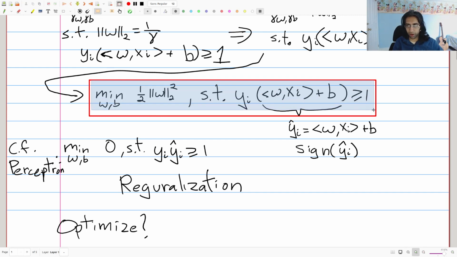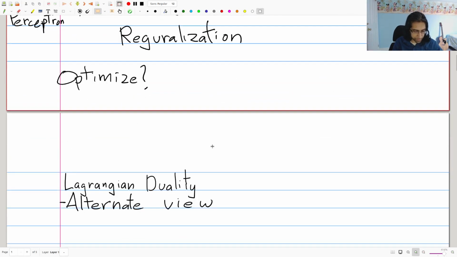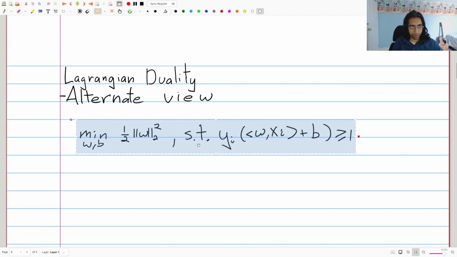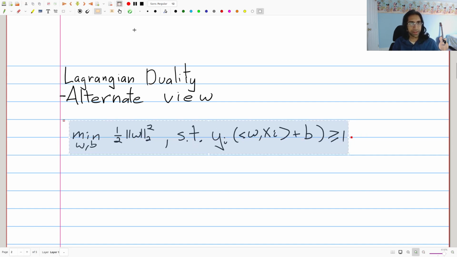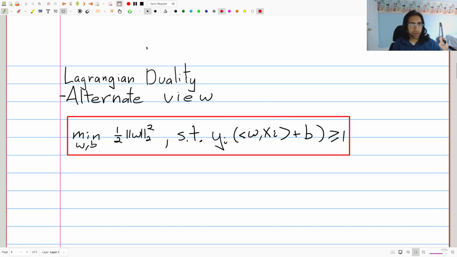Let's start with this optimization problem. This right here is what is known as the primal optimization problem. It's primal as opposed to the dual problem, which is what we are going to convert it to.